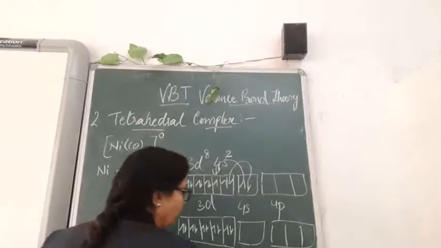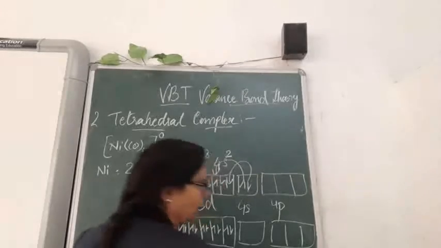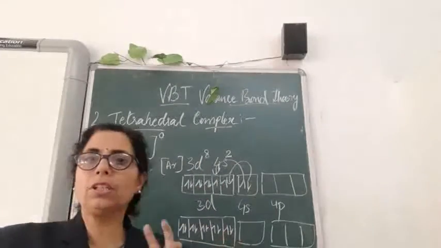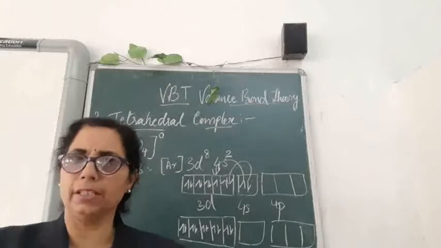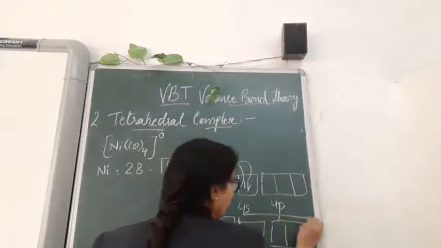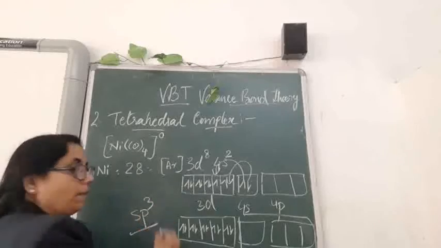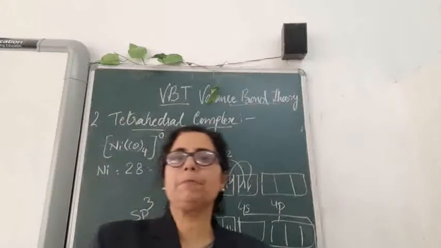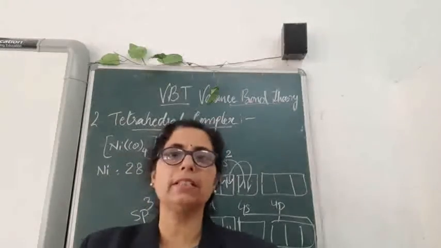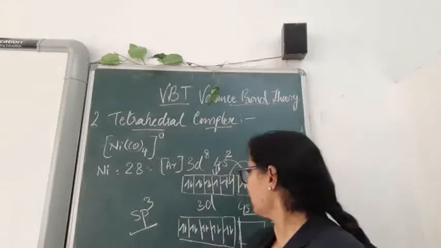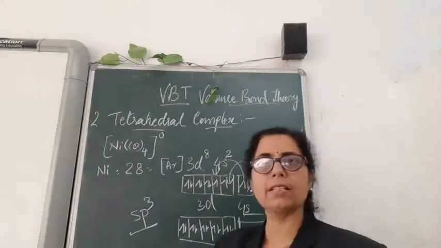Now we are getting 4s and 4p, that means 1 s orbital and 3 p orbitals are empty here. So 1s and 3p overlap, forming sp3 type of hybridization. When it is sp3 hybridization, it shows a tetrahedral complex. In this way, you will see that the tetrahedral complex is arranged here.